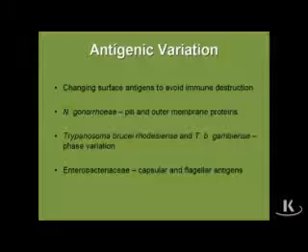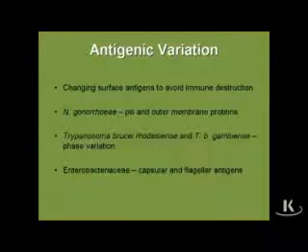One of them is Trypanosoma brucei rhodesiense and gambiense, East and West African sleeping sickness. These can also undergo phase variation. So again, once the immune system figures out how to start attacking the organism, they start to change the proteins in their outer coat.